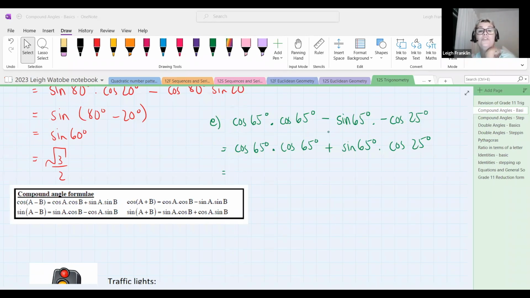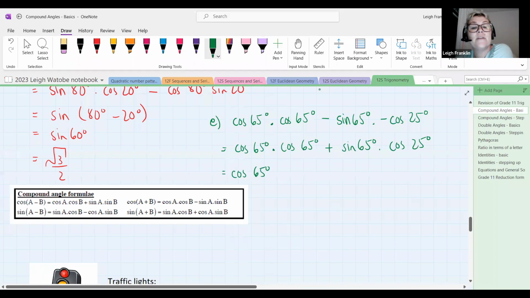Okay, so we want to change cos 25. What do you want to change cos 25 to? To sine 65. So are you suggesting that we keep cos 65 as it is, and cos 65 as it is, and here we go sine 65, and then here we go sine 65 as well?